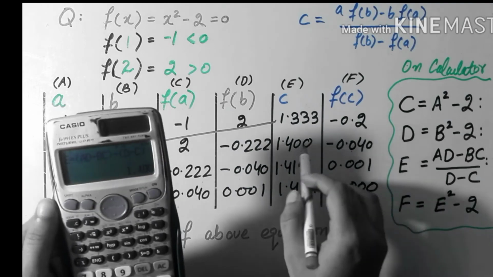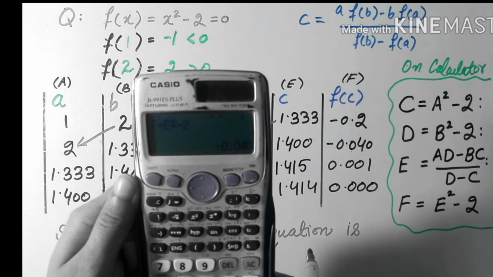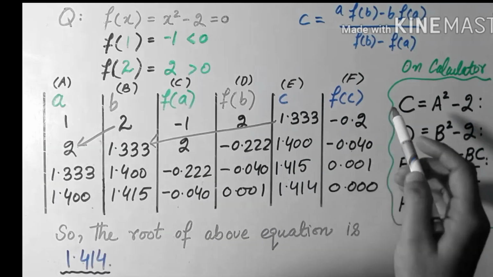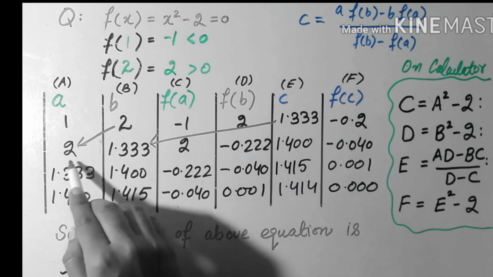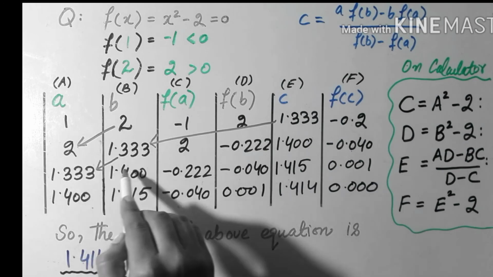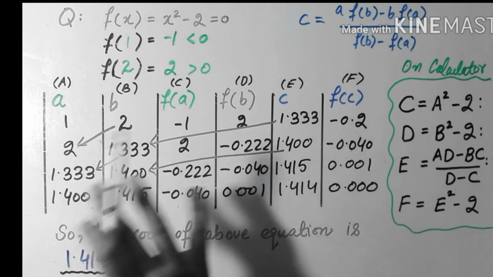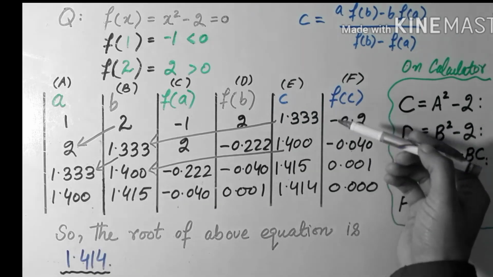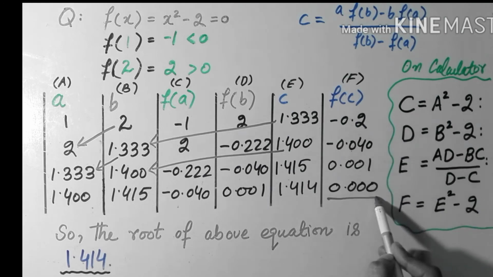E is equal to 1.400. F is equal to negative 0.8. Now we will proceed as we have done previously. Now the value of A would be B and the value of B would be C. By doing exactly these steps, in the last we have got 0.000.